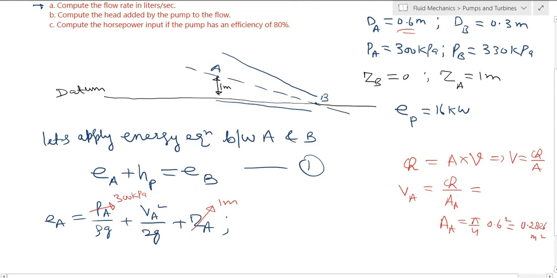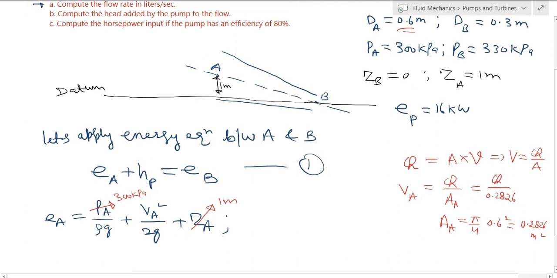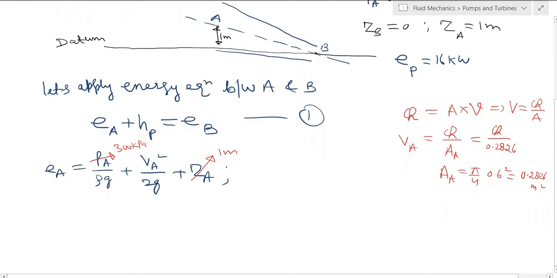So the velocity at A is Q divided by 0.2826, right? So we can write at A Q divided by 0.2826, right? And square. Let me erase this.